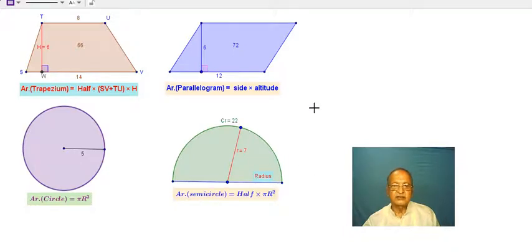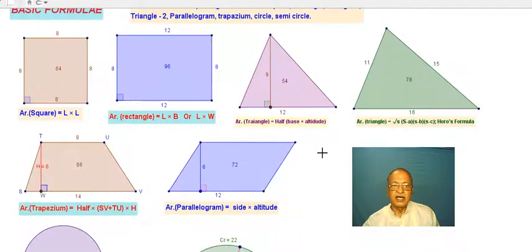In this way we have studied the area of square, rectangle, triangle where altitude and base are given, and another type of triangle where 3 sides are given to us.